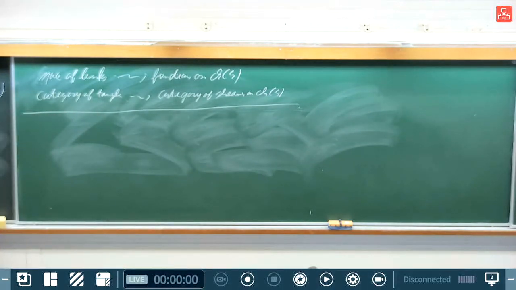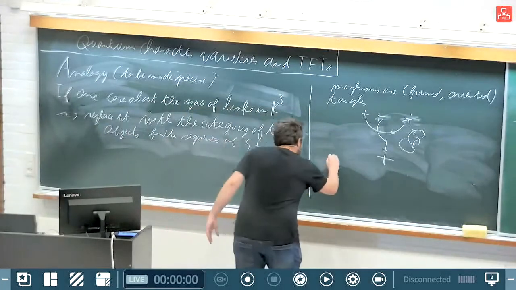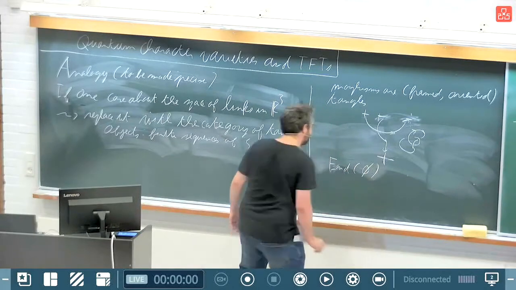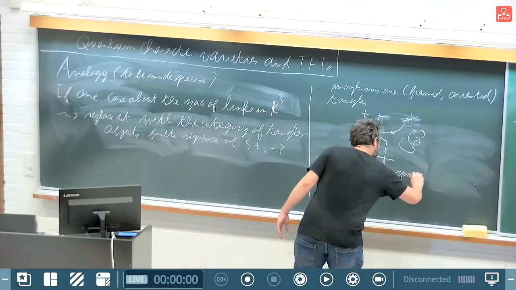I hope that was pretty obvious, but I should say that in this category you have the empty object, which is just the empty list. Sorry, I should have said that in that category, the space of endomorphisms of the empty sequence is precisely the space of links.